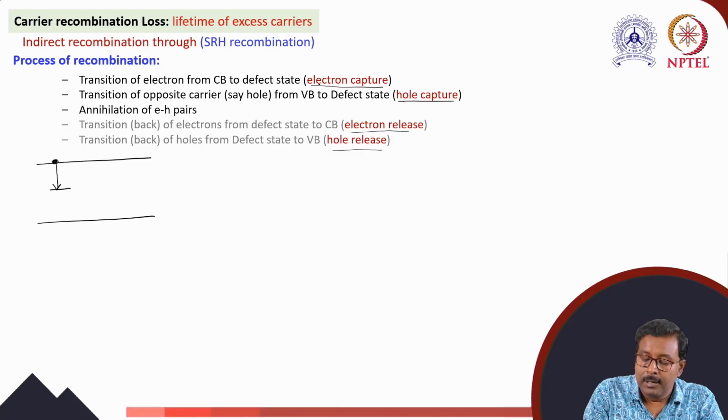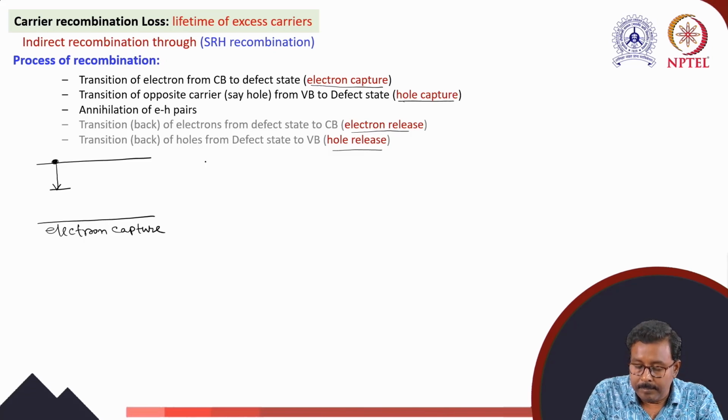This is called electron capture. Also, when an electron moves back from a trap state to the conduction band, it is called electron release.